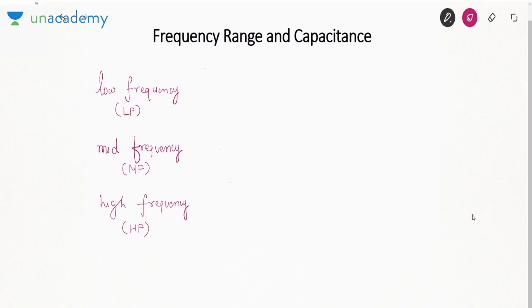Then we have two types of capacitances. One were the external capacitances, which were coupling and bypass. I told you these are high capacitance. Then we have parasitic capacitance. Which are the parasitic capacitance? Diffusion and transition. These are low. They are in the range of picofarad.